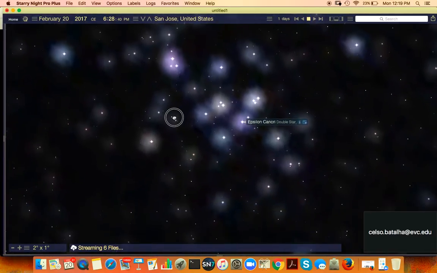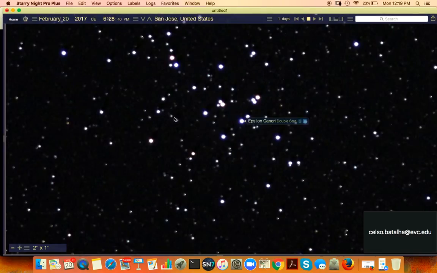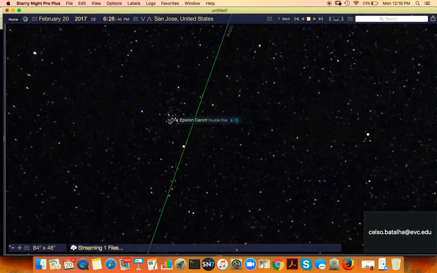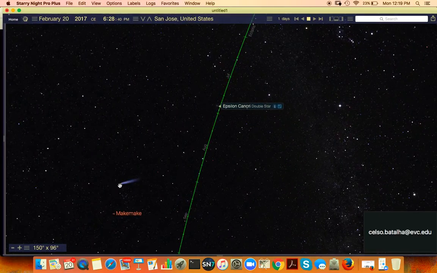This nice star cluster, I don't know the name of it, but this is the type of thing you can find if you had a telescope. And oh, there's another comet there. Apparent magnitude 5.42. You might be able to see it with a telescope if you know where to look.